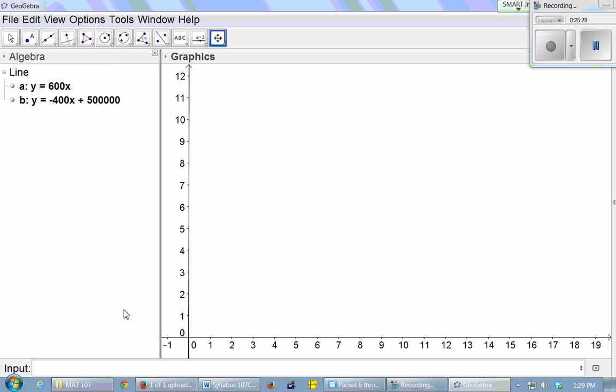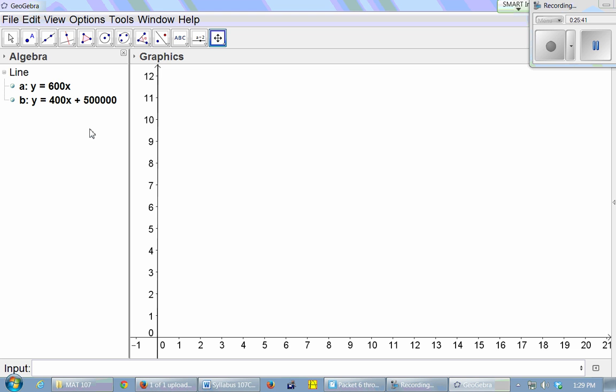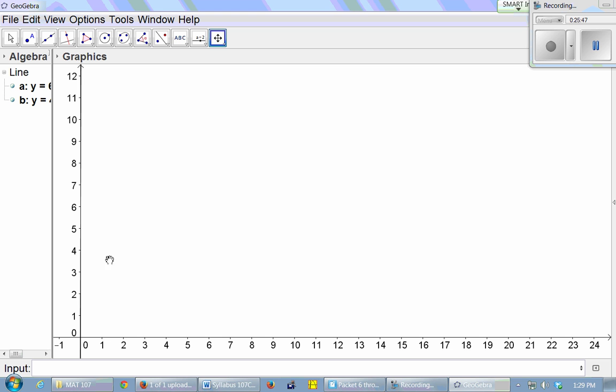Oh yeah, plus. If we're only plugging in positive x's, we can only get positive y's. So revenue and cost are always going to be positive. So I only have to look at positive x's, positive y's.